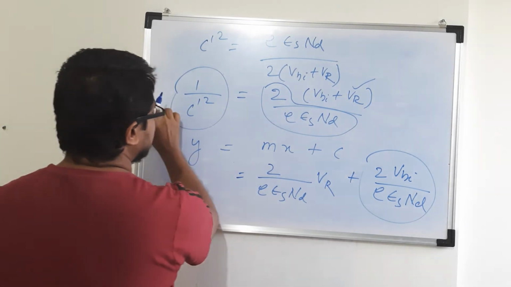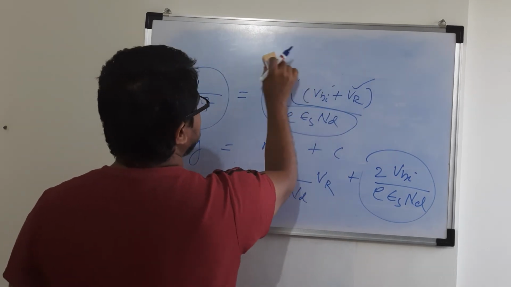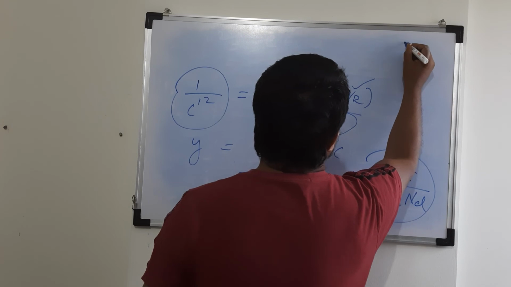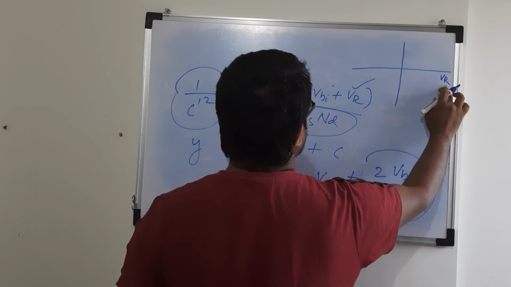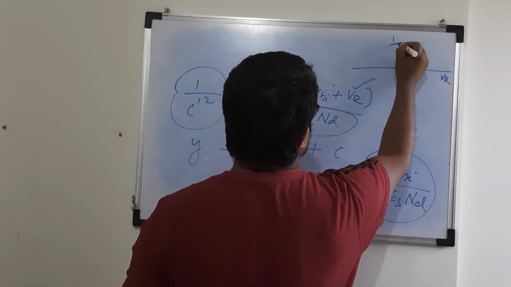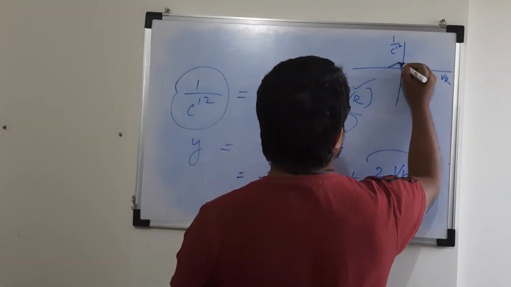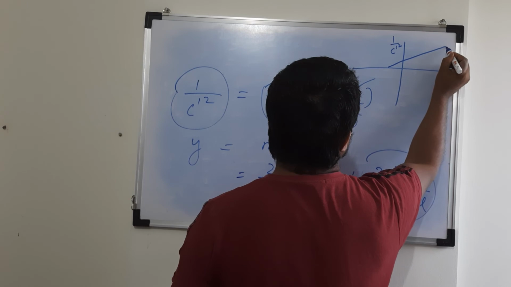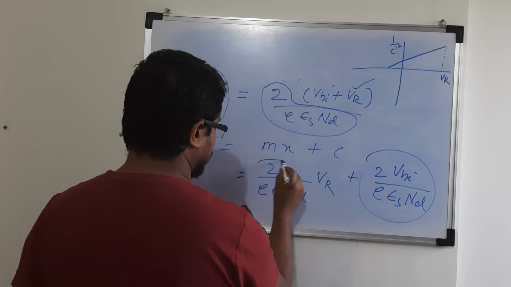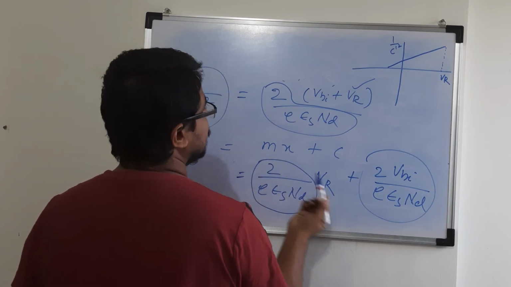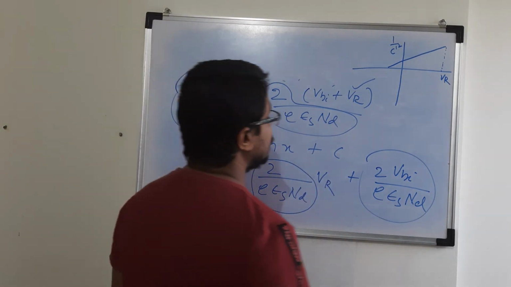If you want to plot a graph between the reverse applied bias, this is your x, the independent variable, and the dependent variable 1/C'^2, then a straight line like this can be obtained. The slope is 2 divided by e ε_s Nd. Sometimes they will give you numericals where the slope is given and ask you to find some unknown.